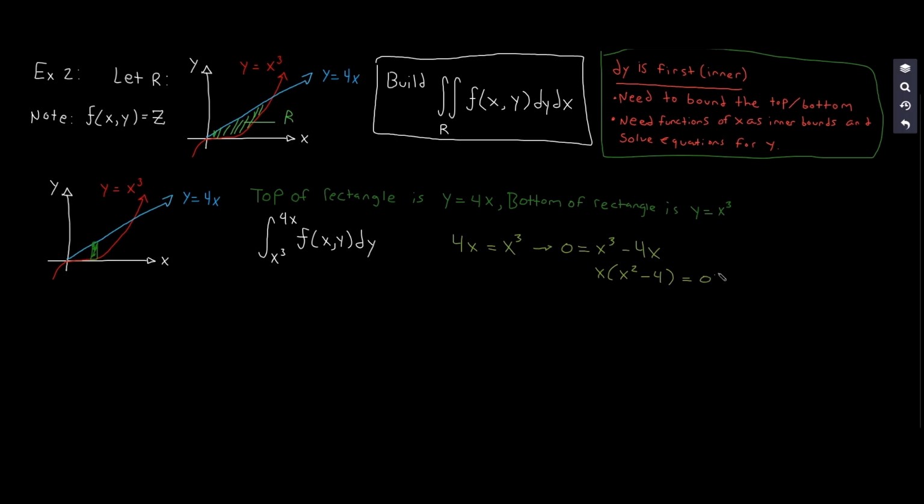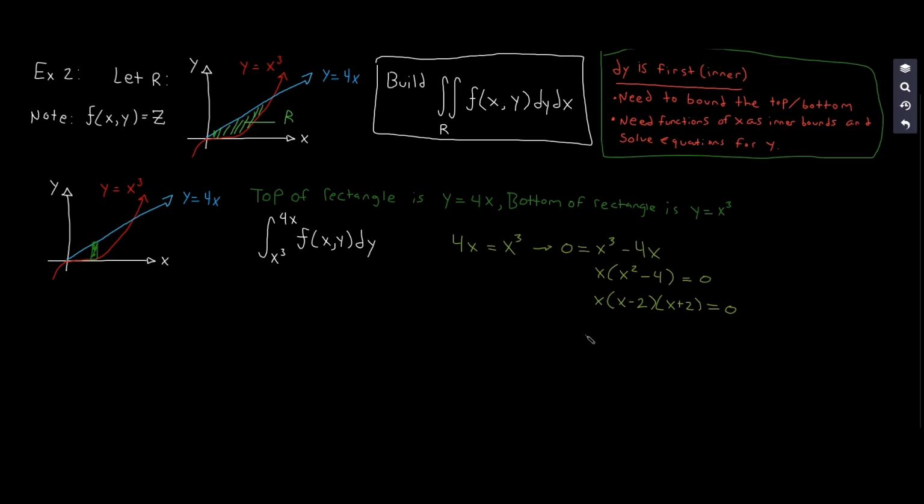And I think that's a difference of squares situation. So then x times (x minus 2) times (x plus 2) equals 0.